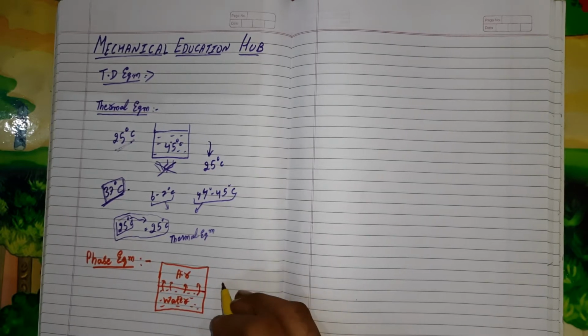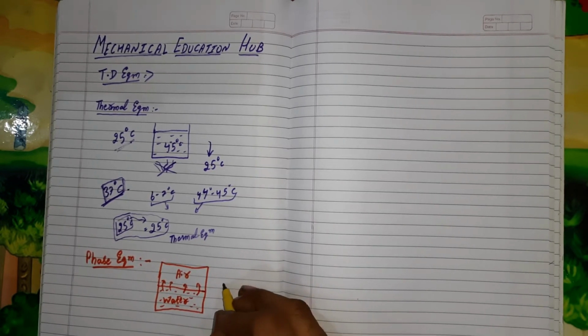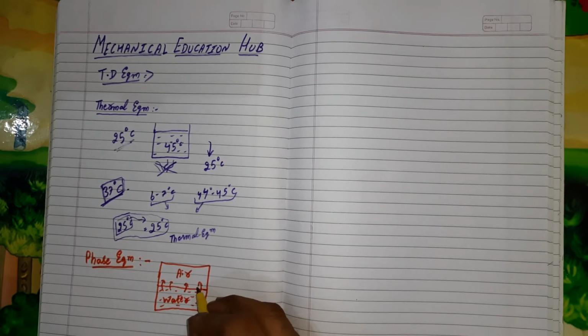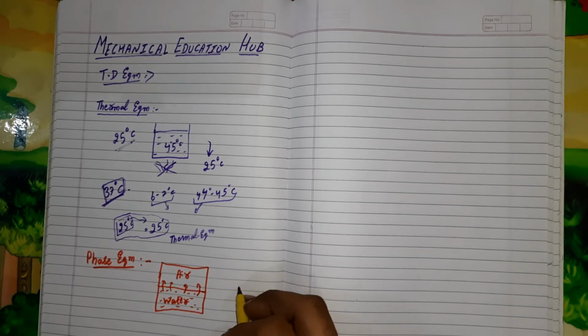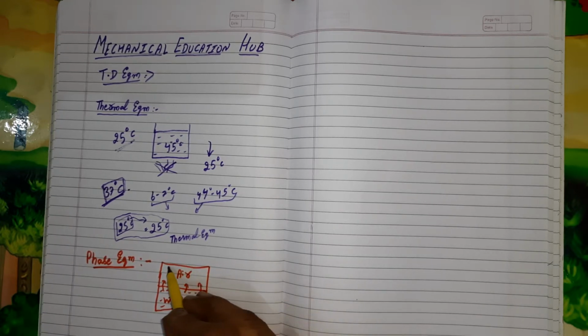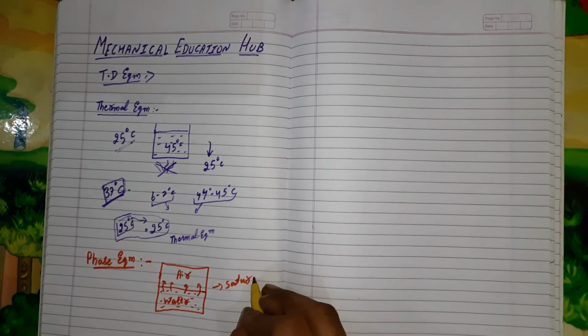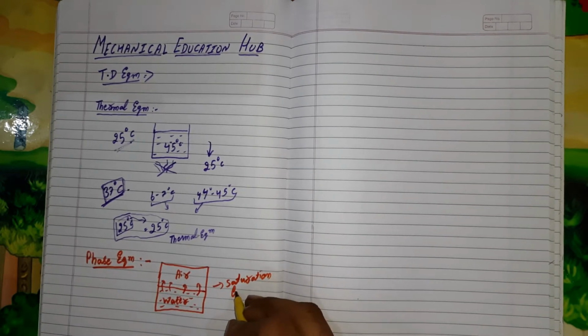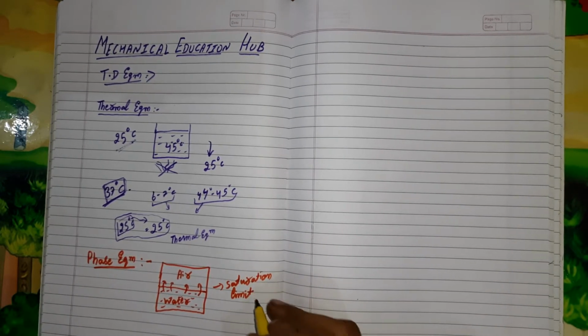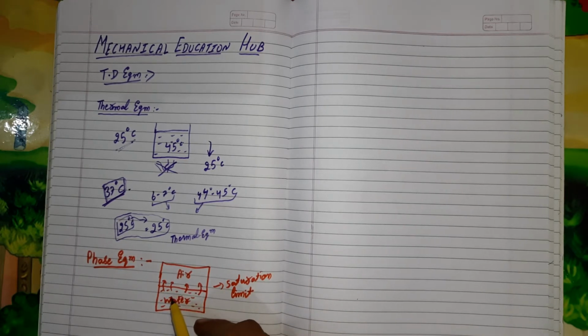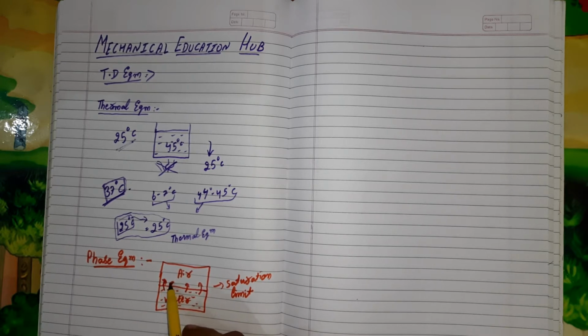So from the start, air will absorb some water vapor, and after some time we'll see that this system attains its saturation limit. At the saturation limit, air will stop absorbing water, or we can say evaporation of water will stop.